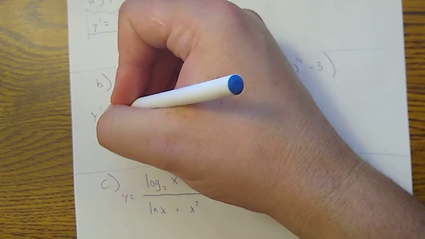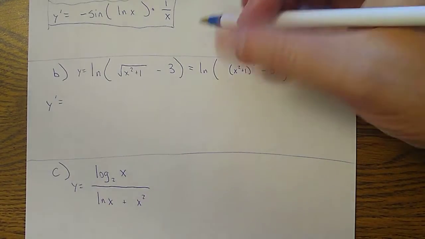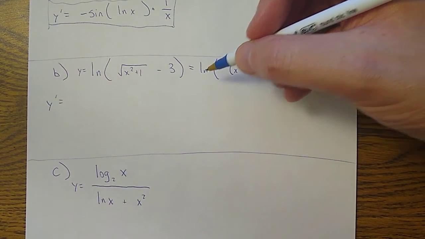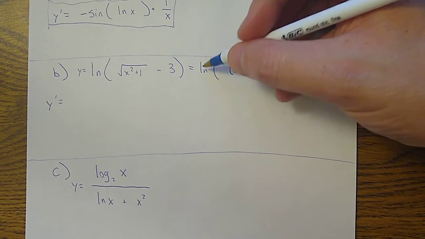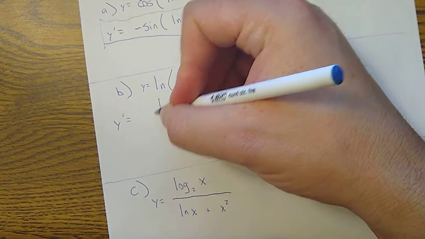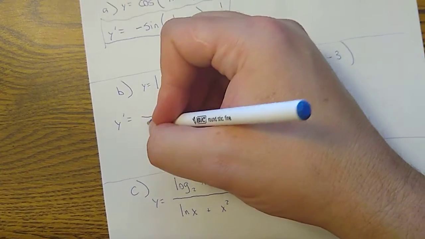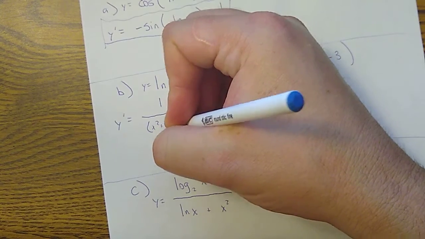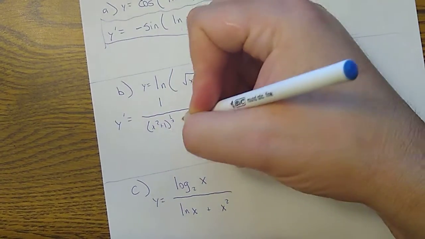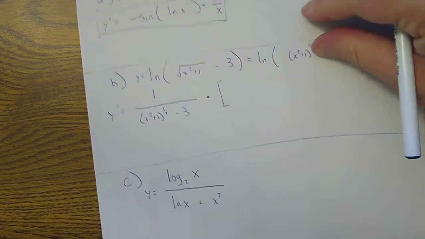So y prime would be, okay, natural log is on the outside, so the derivative of natural log is 1 over the inside, times the derivative of the inside.